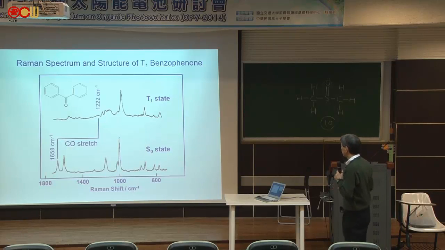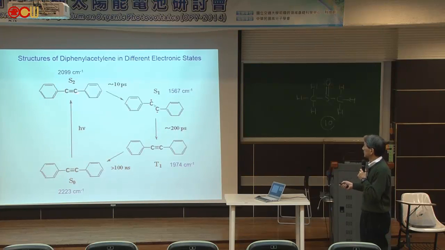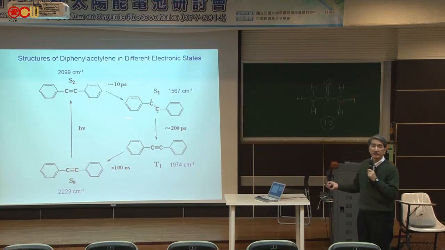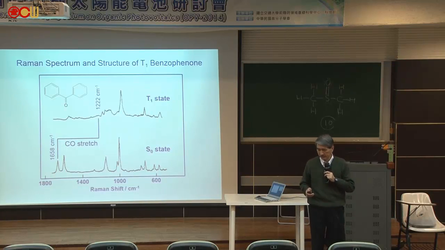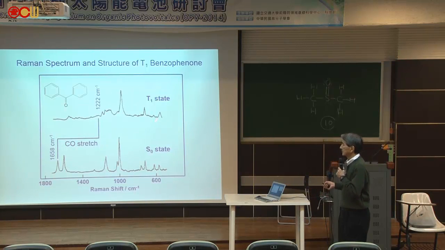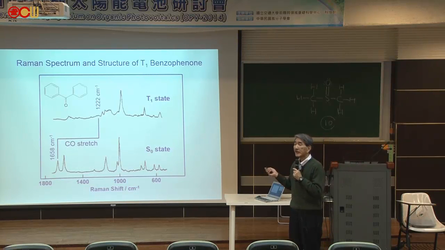Okay? So this is what I showed, like this. So in the excited state, this can happen. So in the case of benzophenone, it was originally the CO double bond, but it goes to the CO single bond with two unpaired electrons on carbon and oxygen. So we now know that in the triplet state of benzophenone, this CO bond is a single bond with biradical structure. And if biradical structure, it's very reactive.